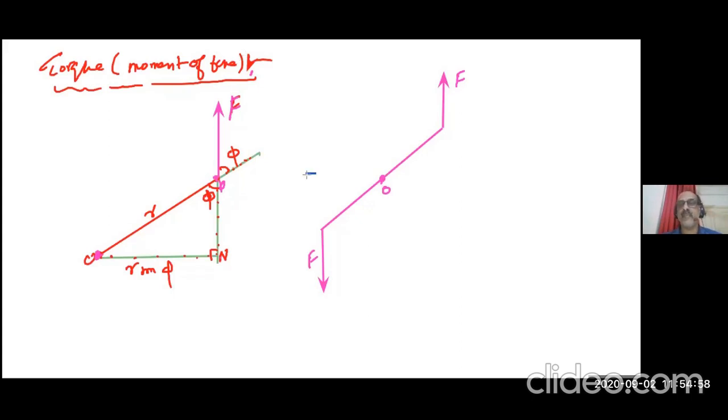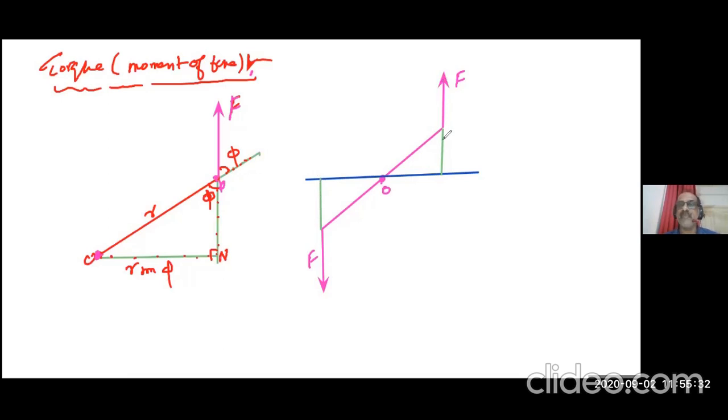Sir, could you repeat once again from the start? If equal and opposite forces are acting with respect to the center as shown in the figure, then the torque can be written as follows.